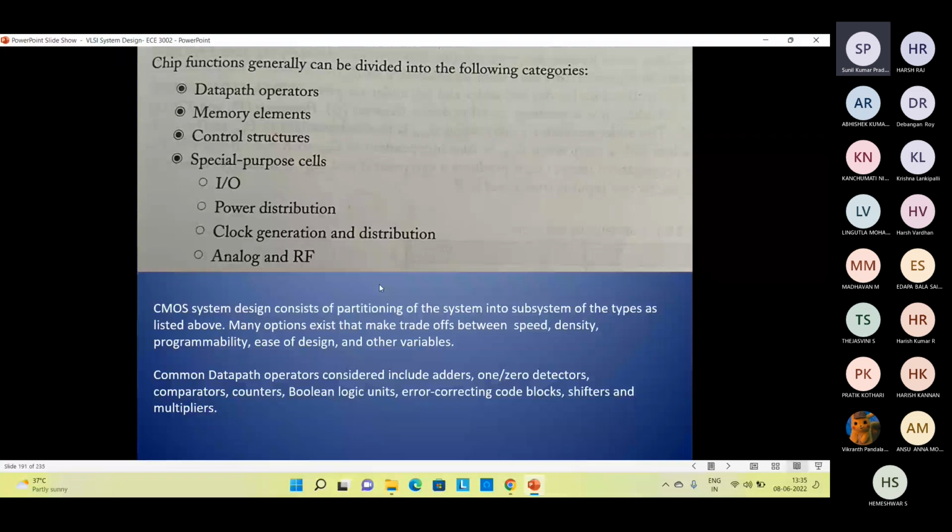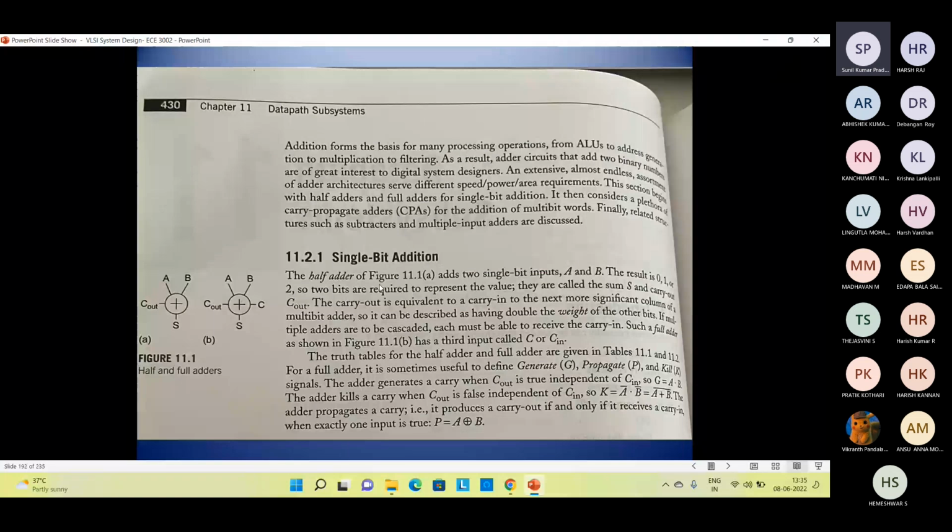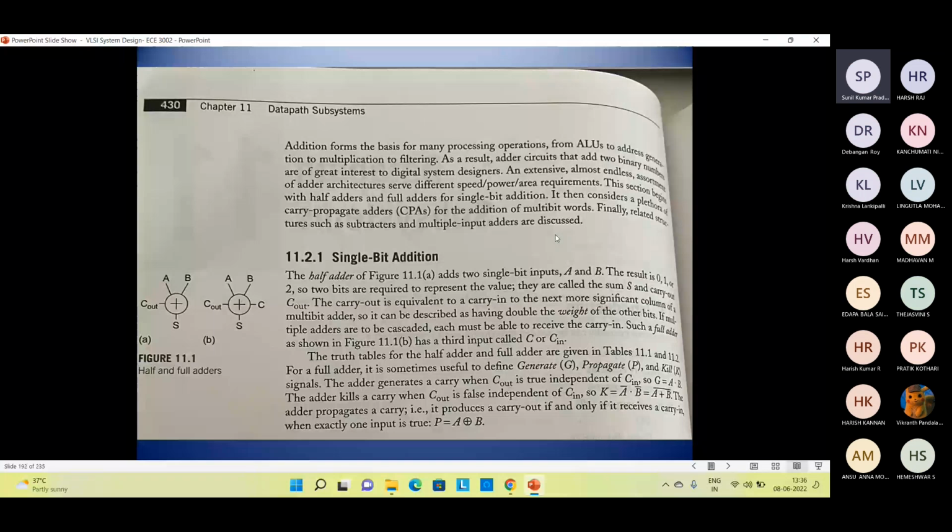Now, addition forms the basis of many processing operations, from arithmetic logic units to address generation, to multiplication, to filtering. Circuits that add two binary numbers are of great interest in recent times in digital system design, so extensive care has been taken in adder architectures that serve different speed, power or area requirements.